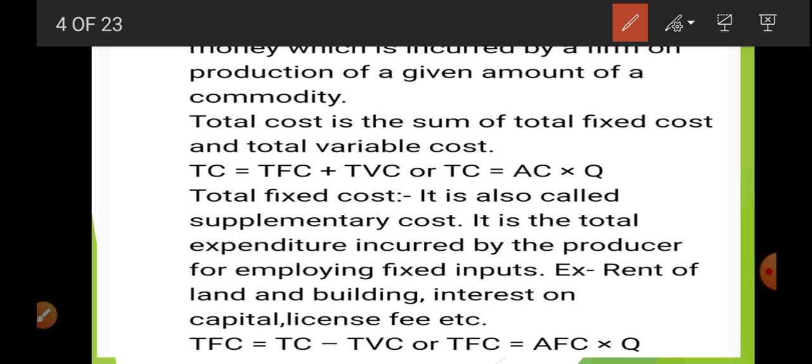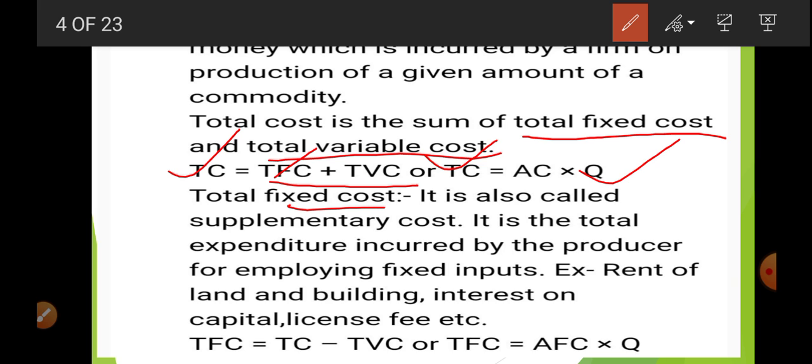Now total cost is the sum total of two things: total fixed cost and total variable cost. So in this way, total cost is TFC plus TVC. You can also find it as average cost multiplied by Q. Now we are going to discuss TFC, total fixed cost. Whatever payment is made to fixed factors, that is known as total fixed cost.